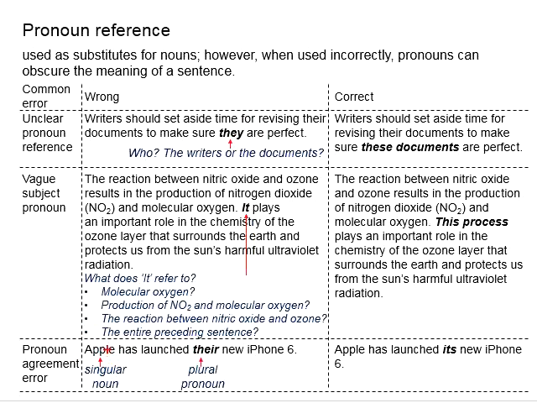It is referring to the company producing the iPhone 6. In this case, there is a disagreement between the singular and plural. The correction for this would be: Apple has launched its new iPhone 6. Now both the pronoun and the noun are singular.